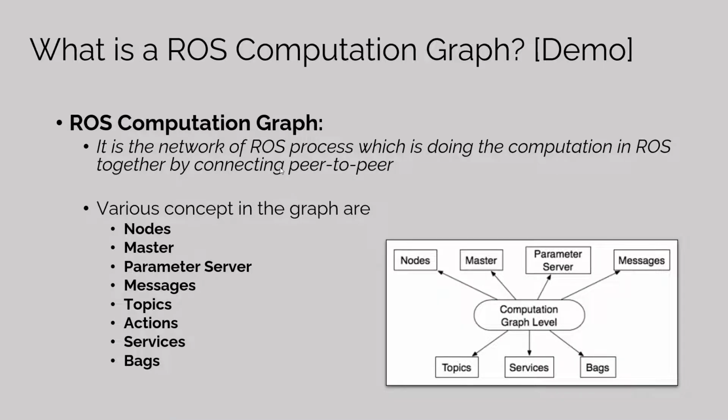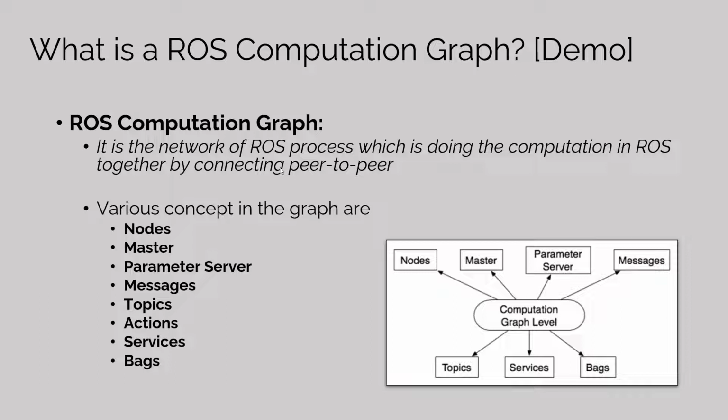So that is a ROS node. And then the ROS master, which is the broker program, which will help the nodes to connect with each other. After connecting, they will communicate with each other.